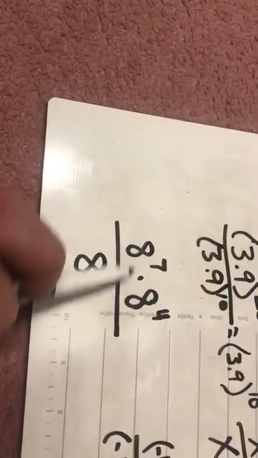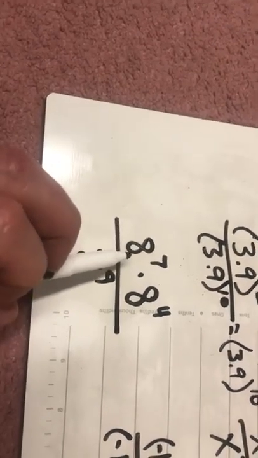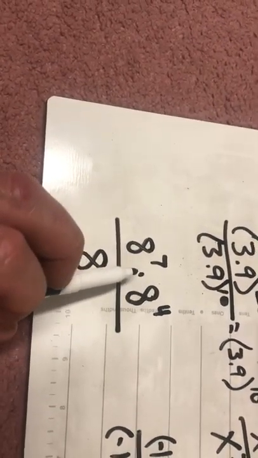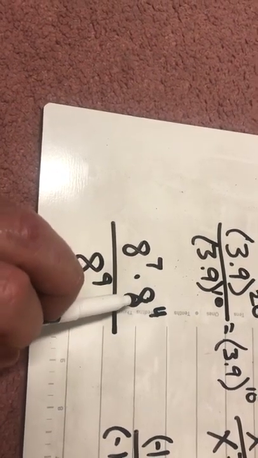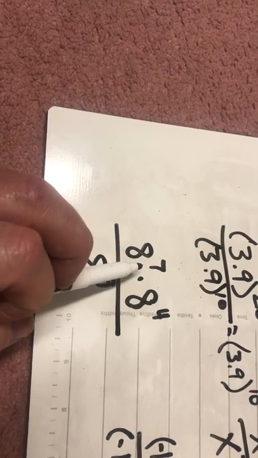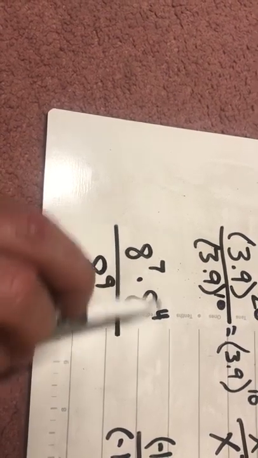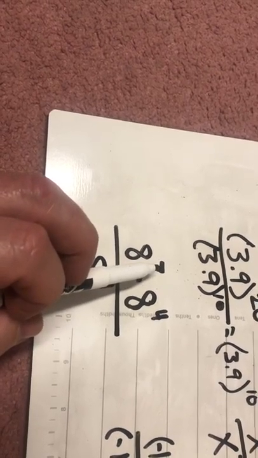This gets a little more interesting, where now we've got some multiplication going on within our fraction. But it doesn't have to be difficult. 8 to the power of 7 times 8 to the power of 4, over 8 to the power of 9. Well, we know when we're multiplying, if we have the same base number, we just add the exponents. So for my numerator at the top, 7 plus 4 is 11.